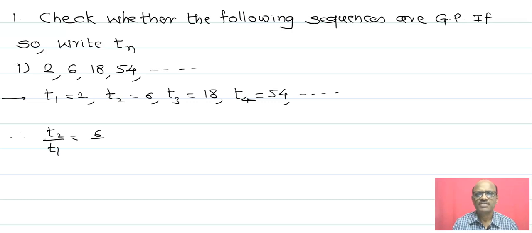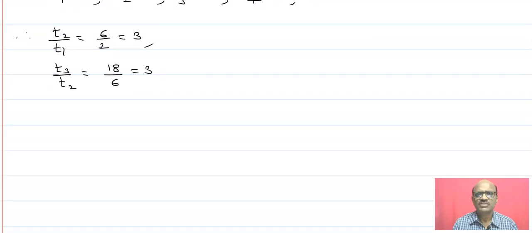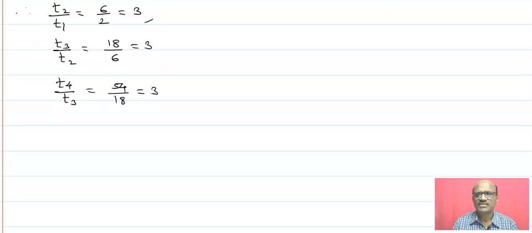Therefore, T2 upon T1, that is the ratio, 6 upon 2, is equal to 3. T3 upon T2, 18 upon 6, is equal to 3. T4 upon T3, that is 54 upon 18, is equal to 3. If you see this, the ratio is a constant.